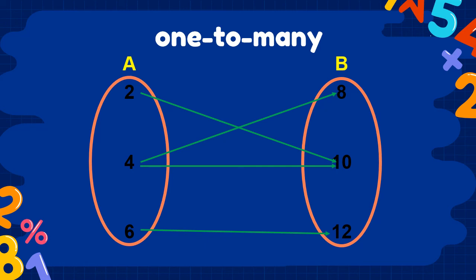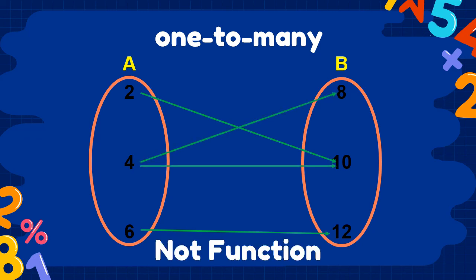Therefore, one-to-many is an example of not a function. Again, one-to-many is not a function since the value of the domain is not unique, since it is repeated in the codomain.